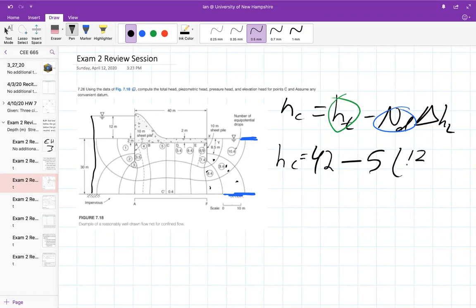So 5, 12, and 10.4. And this is for C right here. So when we do this, HC will be 36.2 meters.